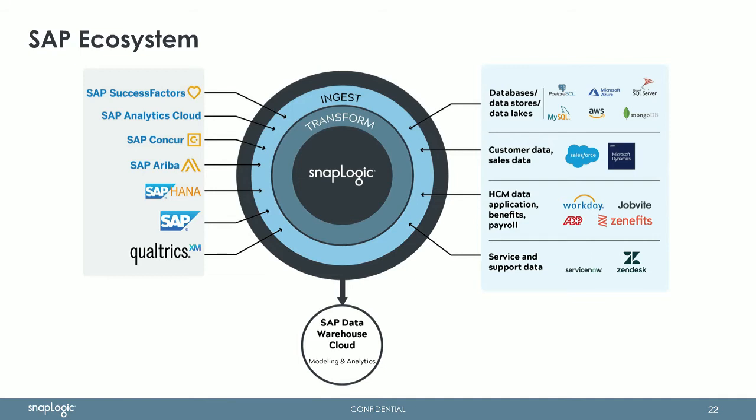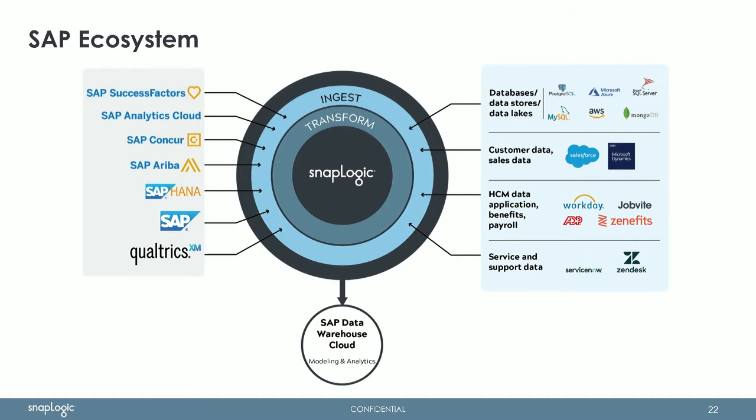We extended that partnership 2 years back with support for SAP Analytics Cloud. And now, when SAP came out with SAP Data Warehouse Cloud last year, we are working with them closely so that we can get not just SAP data, but all the third-party data seamlessly and easily into SAP Data Warehouse Cloud.